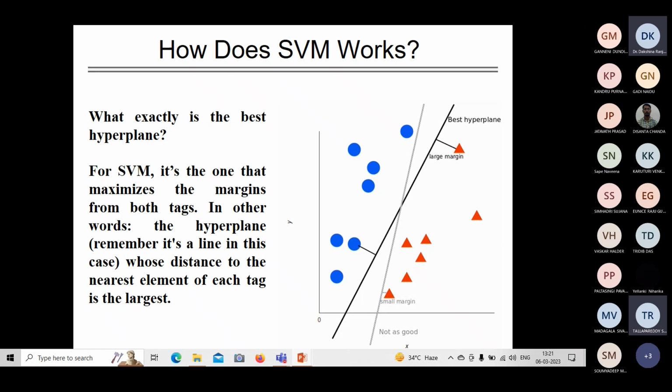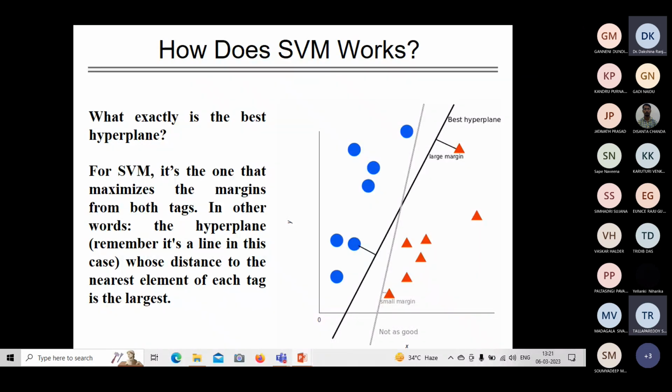Then if we have more than one hyperplane, the support vector machine has to choose the best hyperplane. The best hyperplane means the one that maximizes the margin from both sets of data points.